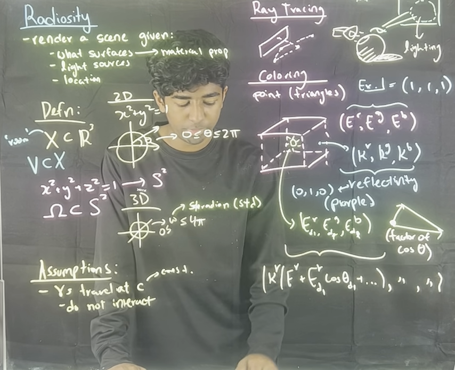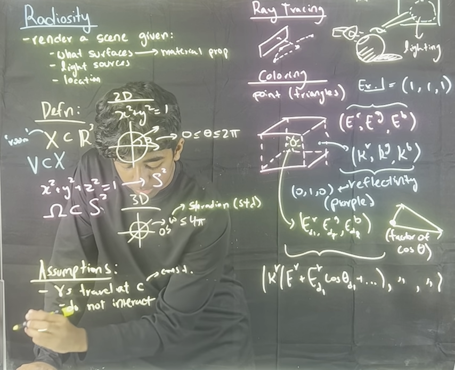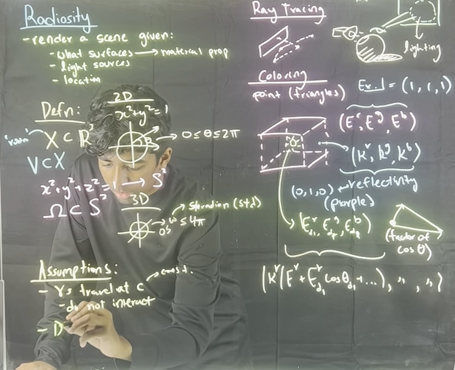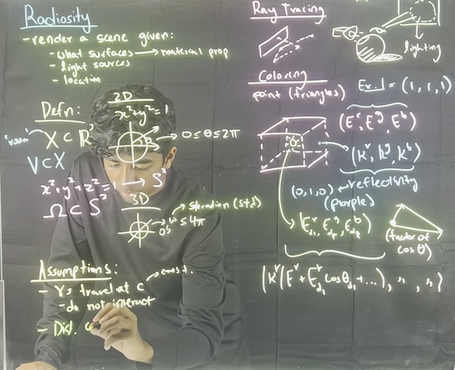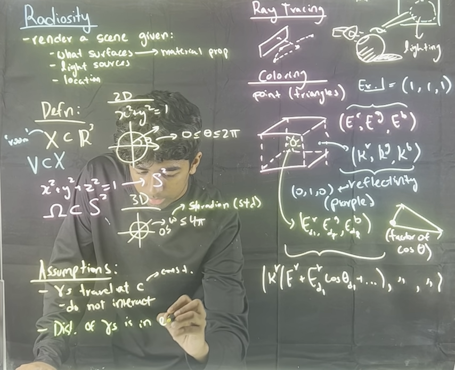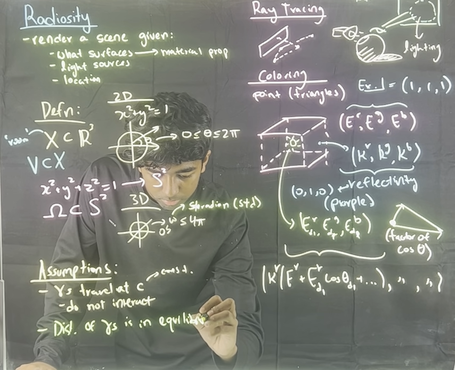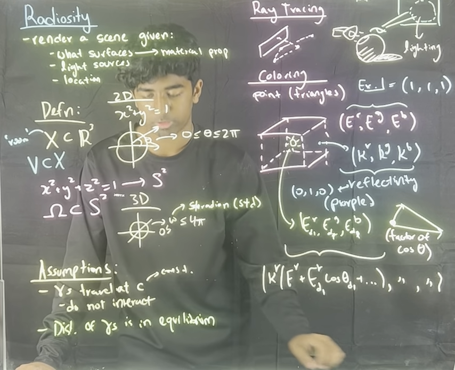And also one really big assumption is that the distribution of photons is in equilibrium. That's really important.